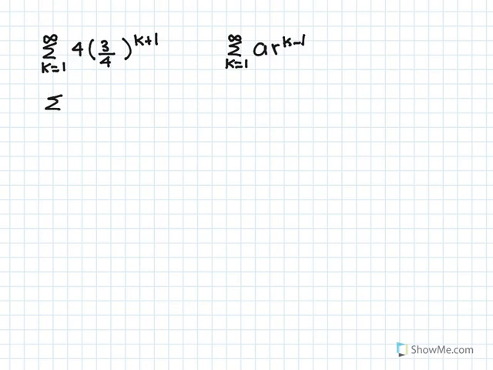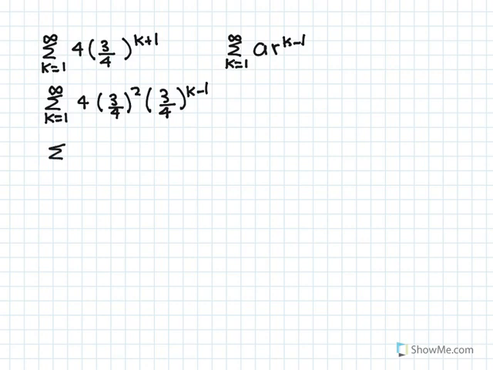So let's factor out 3/4 squared, so we have 4 times 3 over 4 all squared, times 3 over 4 to the power of k minus 1.